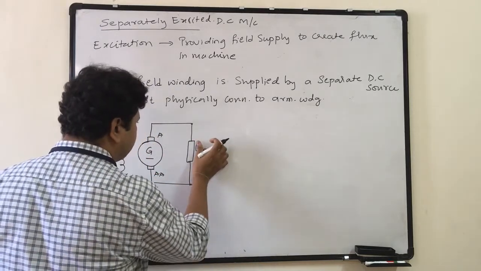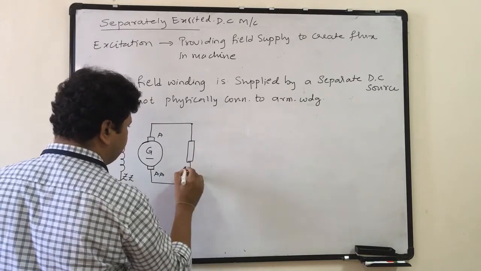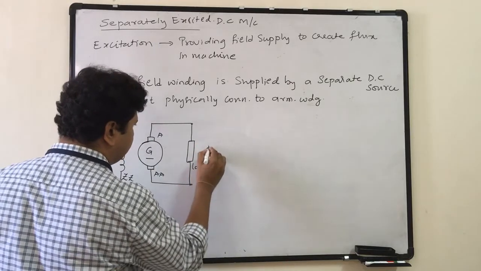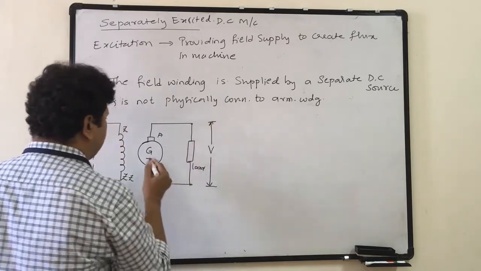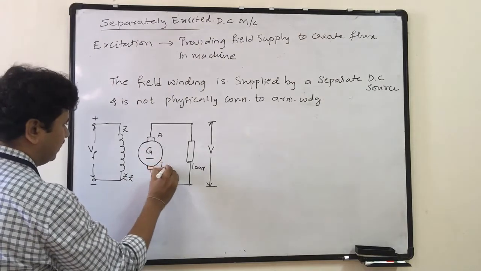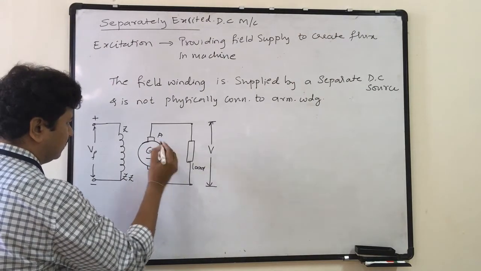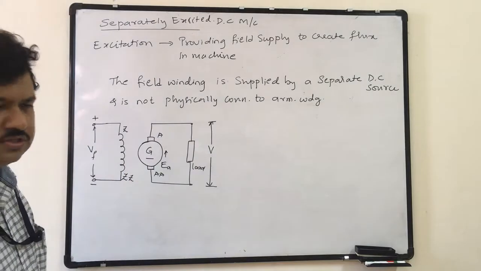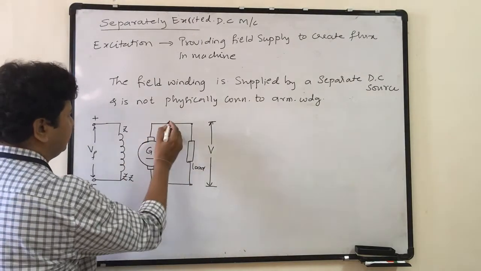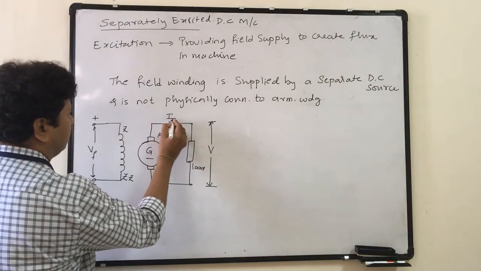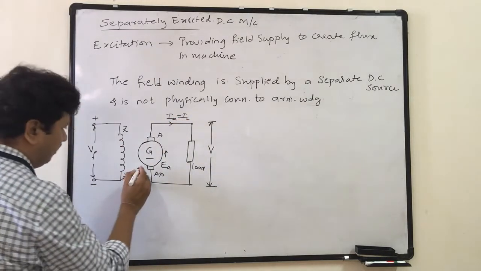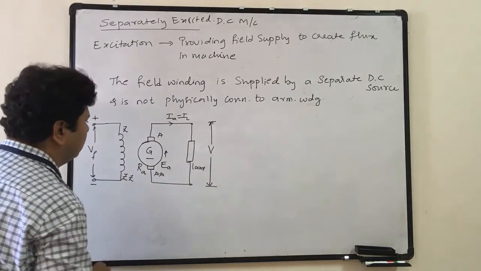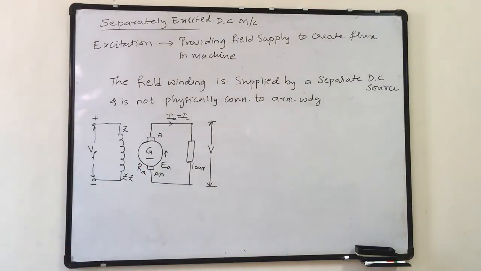So the voltage across the load is V. The voltage generated is EA. The direction is towards the load, and when I close the load switch, I will get IA equals IL, and we have a small armature resistance RA.